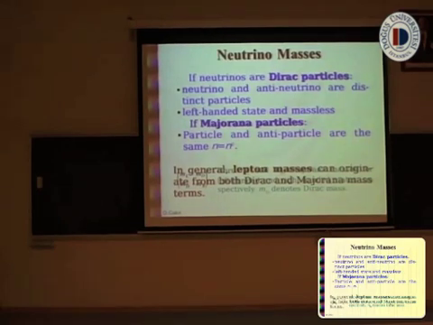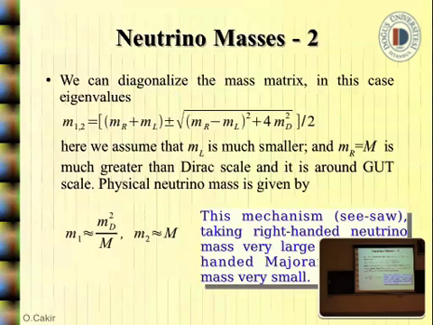If there is a right-handed part for the neutrino, then we can write a term like for the quarks or the charged leptons, but it is not easy.